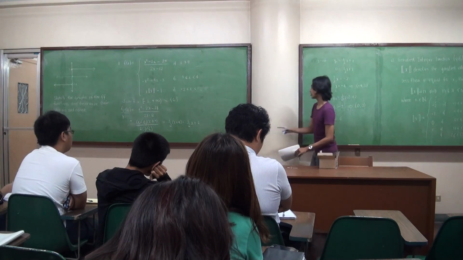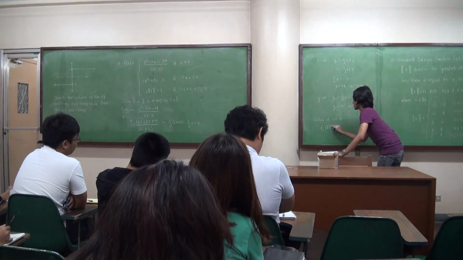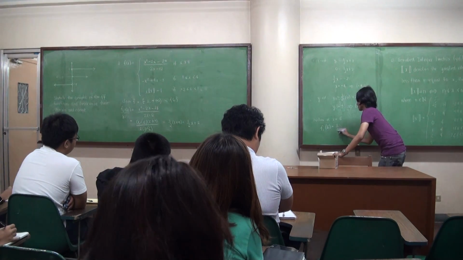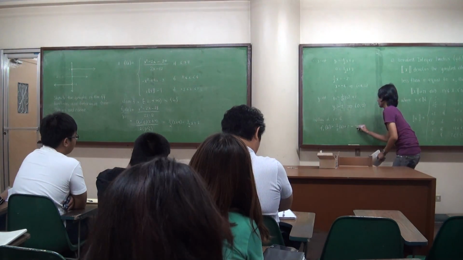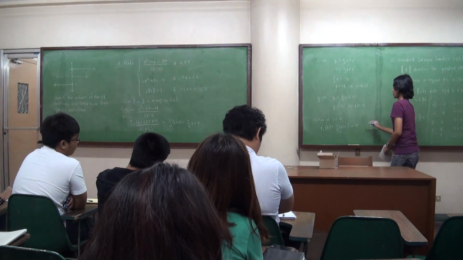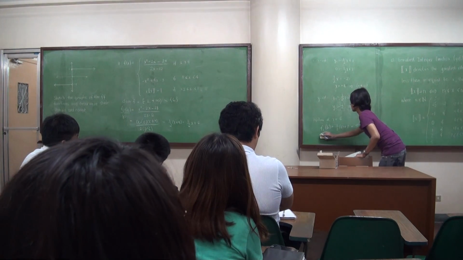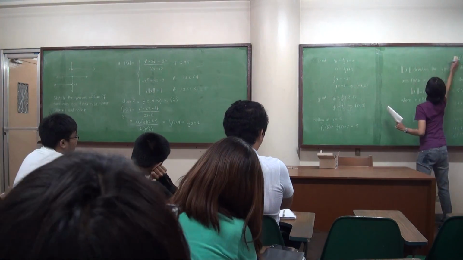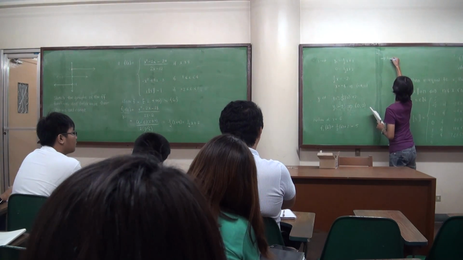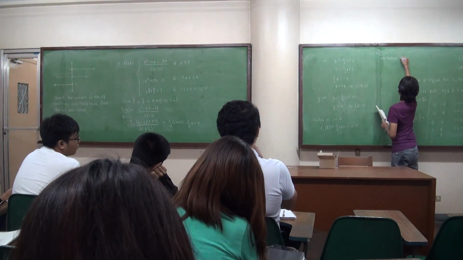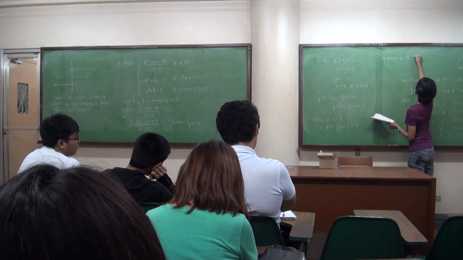So hanapin natin yung value niya. f1 of 6 is equal to 1 half times 6 plus 2. And we get here 5. So, saan siya hollow? Hollow at 6, 5.